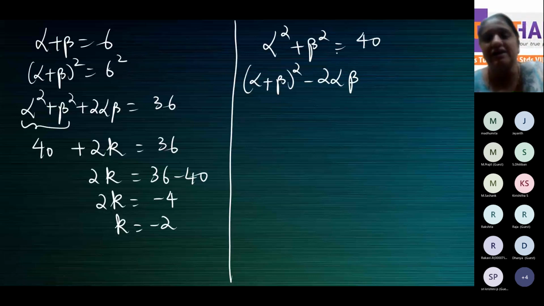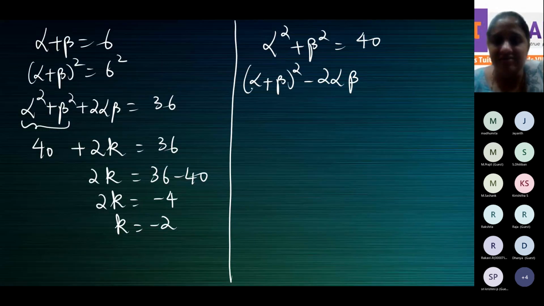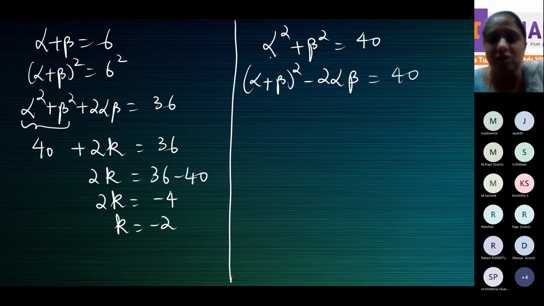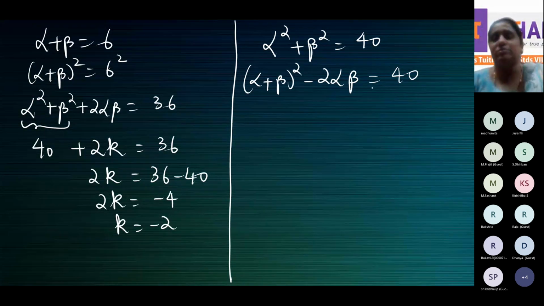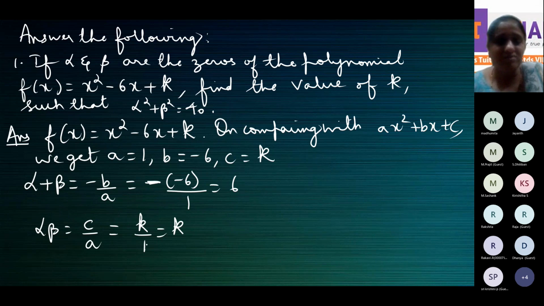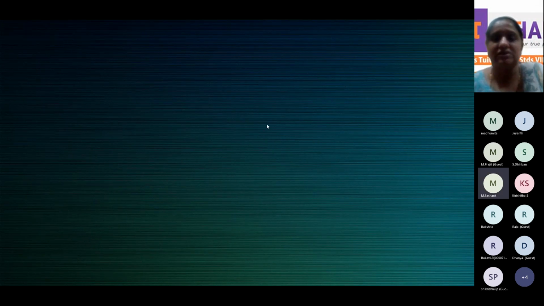So you can also start like this. You're given alpha square plus beta square is 40. But a square plus b square is a plus b the whole square minus 2ab. Alpha plus beta the whole square minus 2 alpha beta is equal to 40. Now, what is alpha plus beta? 6.